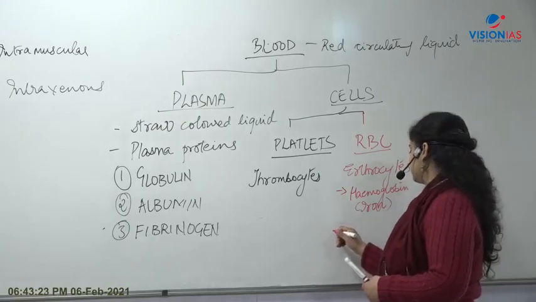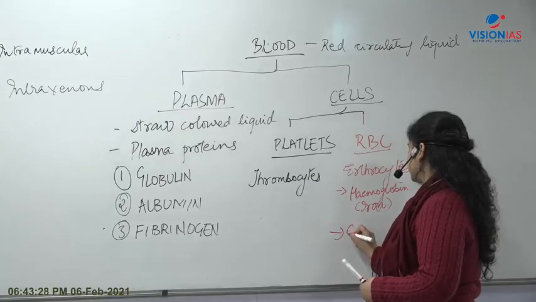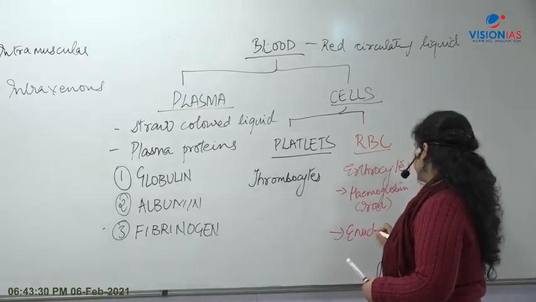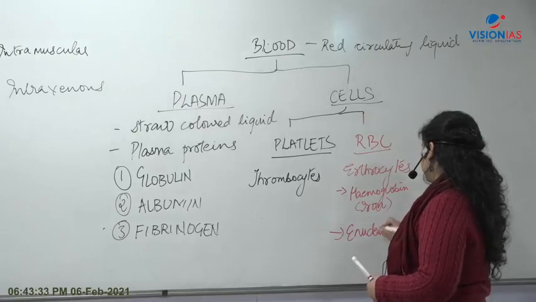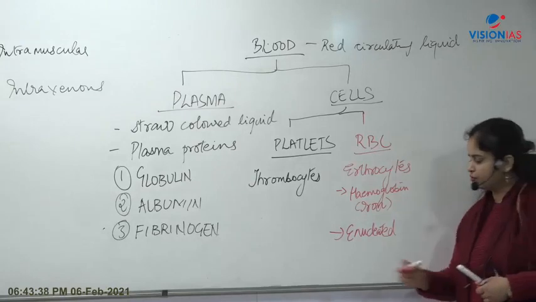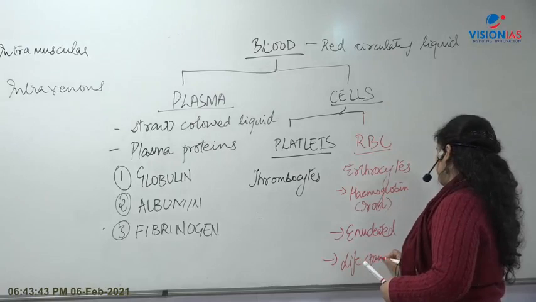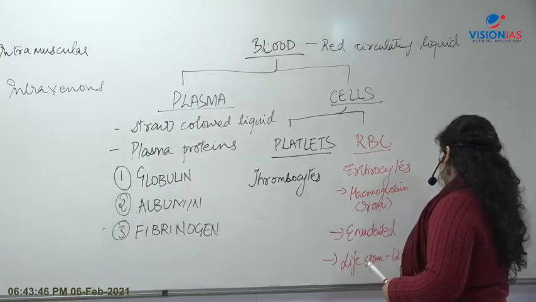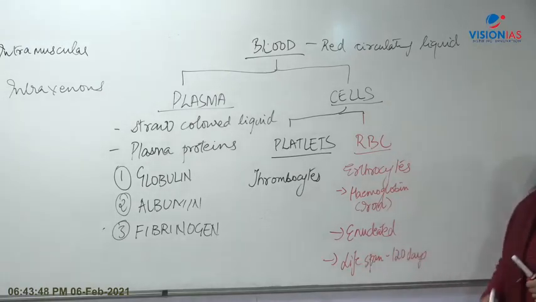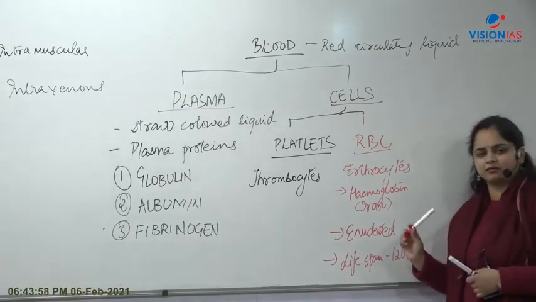Then one more important feature of red blood cells is that they are enucleated. They have no nucleus. And they have a lifespan of 120 days. So after 120 days, the red blood cells will automatically die.